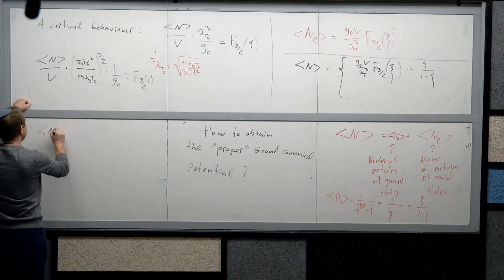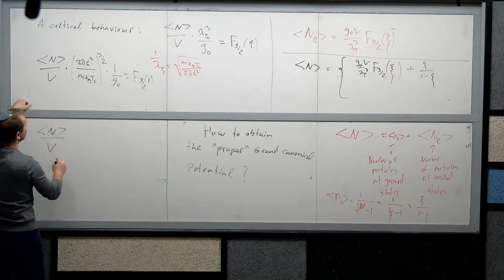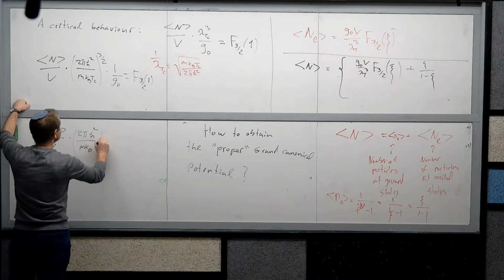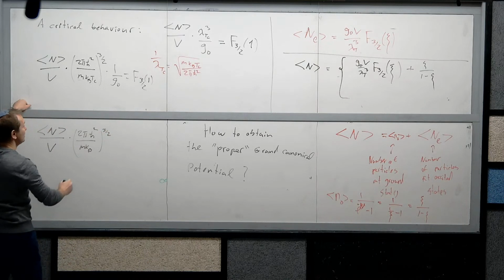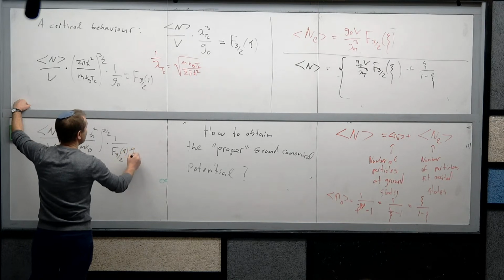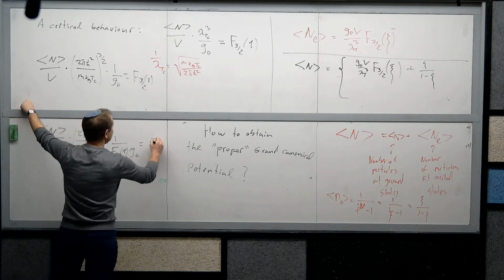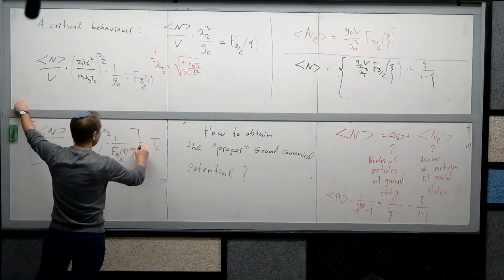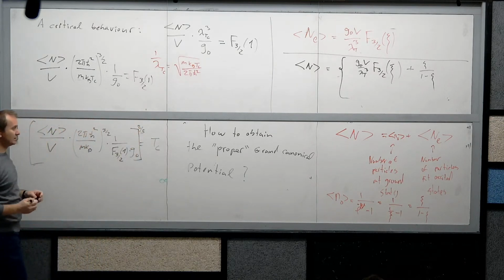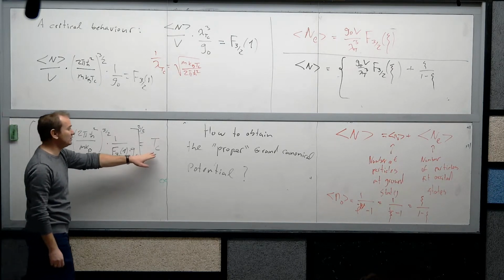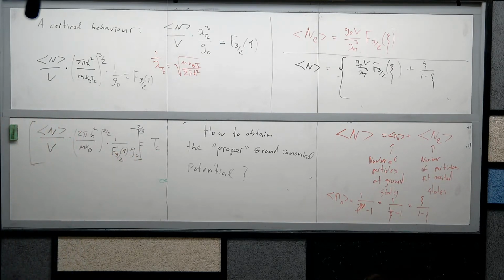What we obtain is n divided by v multiplied by 2 pi h bar squared divided by m k Boltzmann, all of this to the power of 3/2, multiplied by 1 over f 3/2 of 1 multiplied by g0, equals Tc, and we have to take everything to the power 2/3. So this is the expression for the critical temperature.